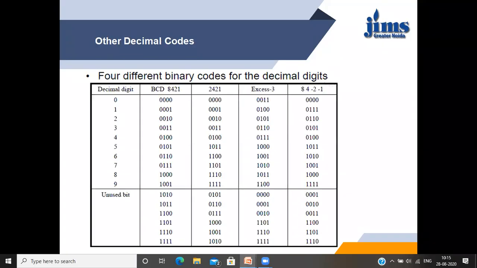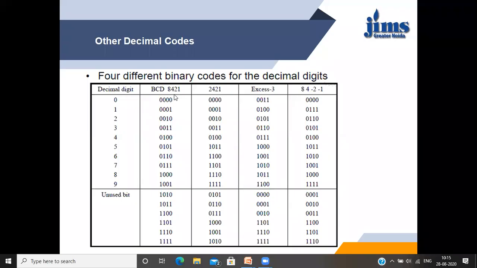So here are your decimal digits 0 to 9, and here is the first code that we have studied so far, that is binary coded decimal, BCD, and it is also known as the 8421 code because each digit has its equivalent weight. That means the MSB has a weight of 8, the next bit has a weight of 4, the next bit a weight of 2, and the LSB, that is the least significant bit, has a weight of 1.